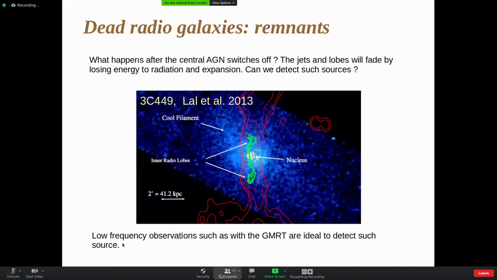This shock can compress, so there can be adiabatic compression and you can see a boosted synchrotron emission from there, or there can be direct reacceleration of these electrons, and you may find that after some point where you expect the steepening to continue, the remaining region which has passed through the shock has a flatter spectral index.